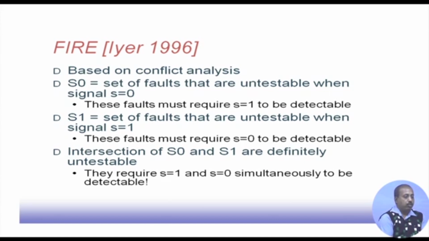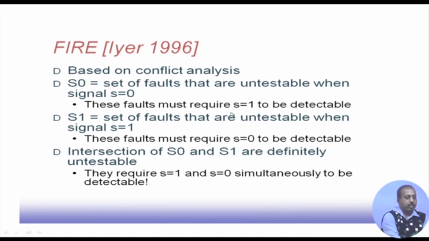It is based on conflict analysis. Let us say S0 is the set of faults that are untestable when signal line S is equal to 0. These faults require S equal to 1 to be detectable. So, when S is equal to 0 and I need to detect the faults, we are trying to check for 0, so we must get a 1 at this line.